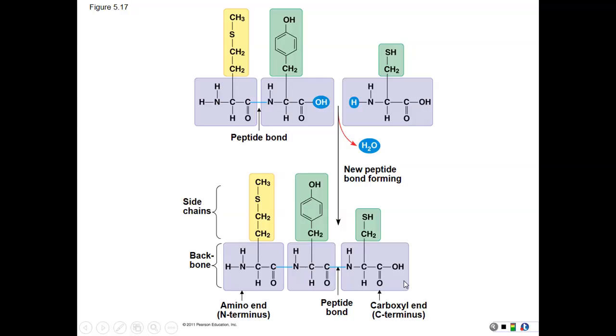New amino acids always get added on to the carboxyl end of a polypeptide. All right? And so to a molecular biologist like me, I'm thinking, what's at the beginning of the protein? In fancier terms, what's at the amino terminus? What was the first amino acid that started the chain?